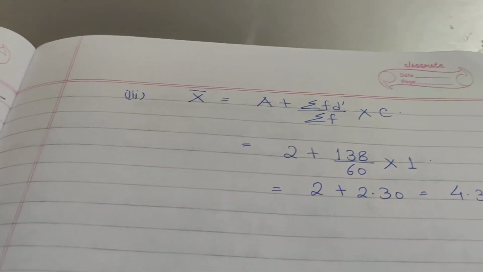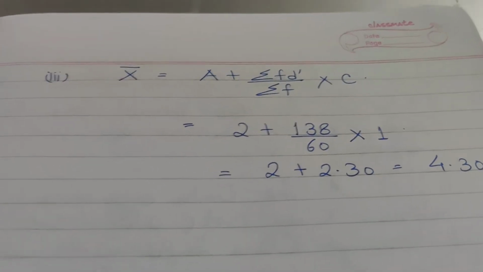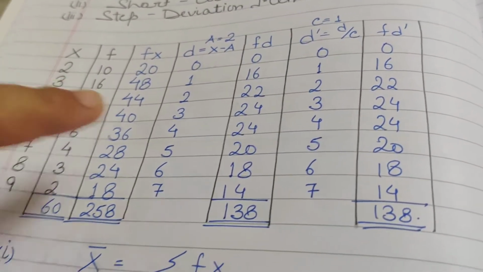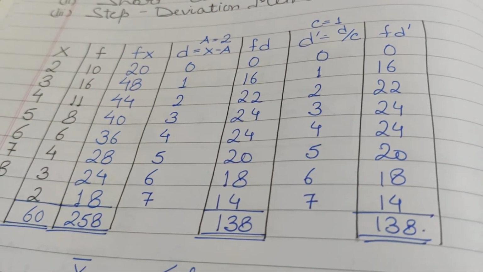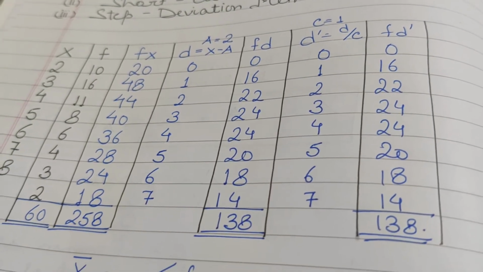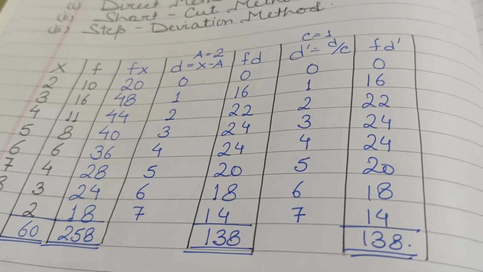Third is sigma fd dash upon sigma f into c. To calculate d dash, we see d. Now in this case children, if we have to see the common number with which all the d's can be divided, it will only be 1.